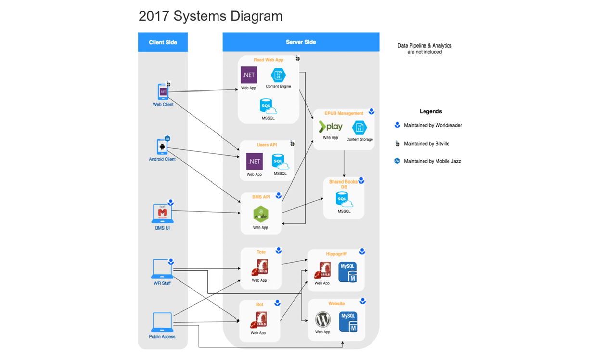We are working with EPUBs, so all the files are uploaded to this API. We also store all the metadata of the books, all the categorization, the tags, things like publisher, authors, and all this. All of it is handled by the BMS API.